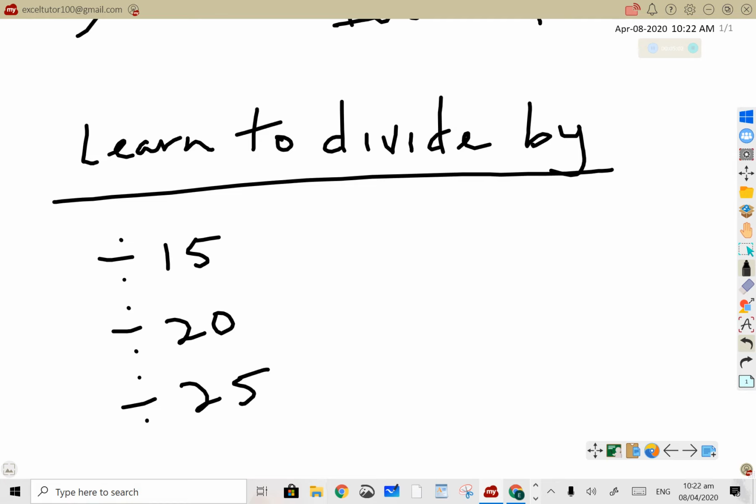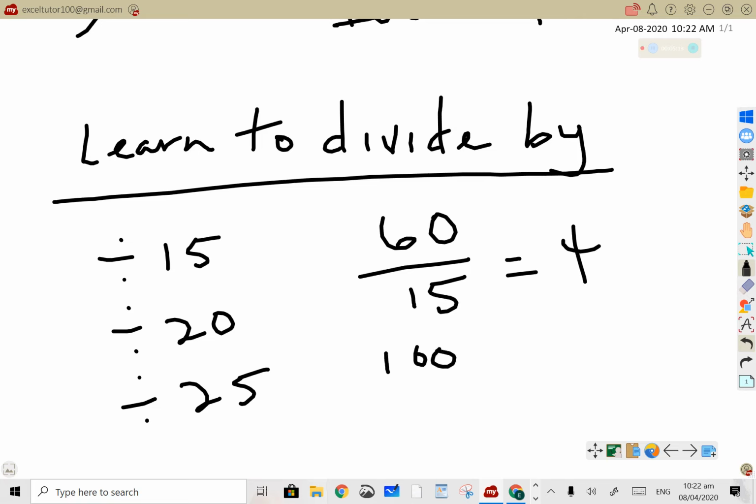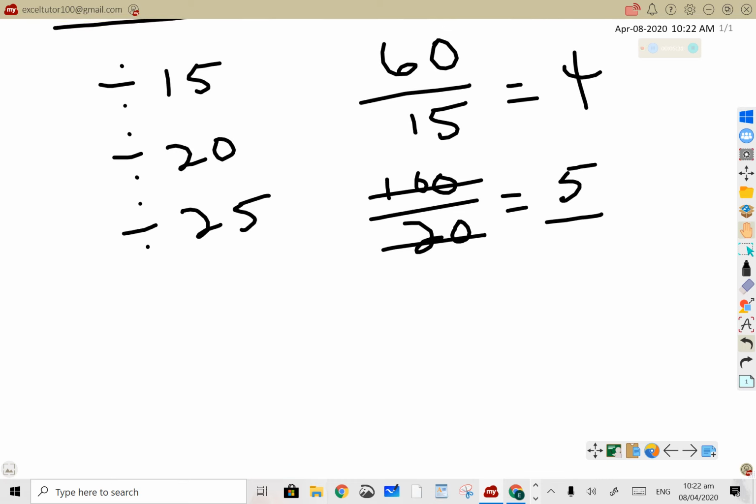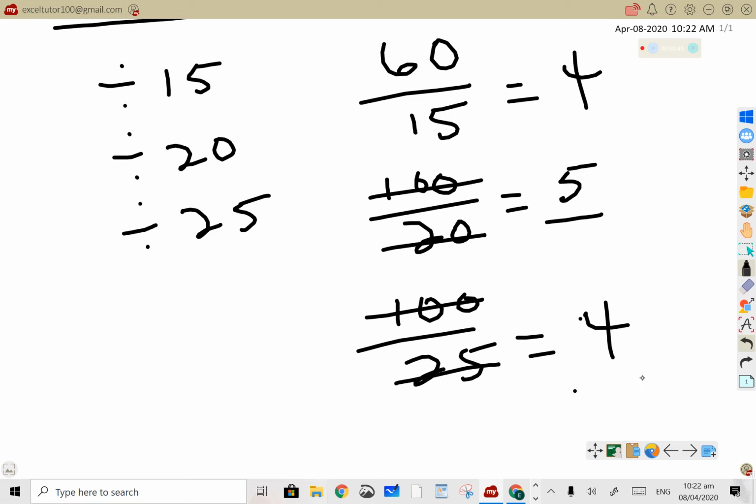Okay, so you know basically that 60 over 15, for example, is equal to 4. Right? 100 over 20 is equal to 5. So that means 20 could go into 100 5 times. Alright, and then we also have with the 25, we have 100 over 25 will be equal to 4. Right, because 25 could go into 100 4 times.